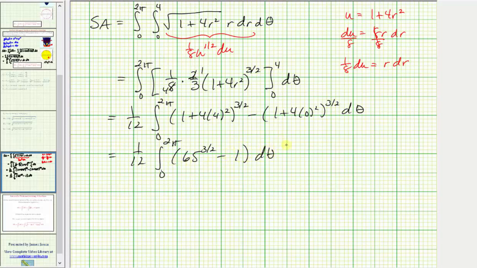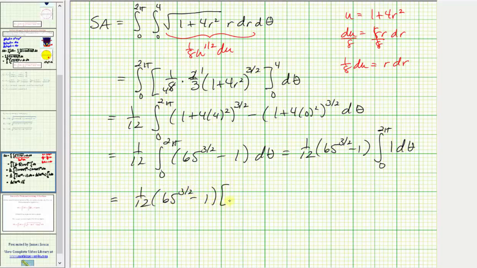This is just a constant, so we can write this as 1/12 times the quantity 65 to the 3 halves minus 1 times the integral from 0 to 2 pi of 1 d theta. So the antiderivative with respect to theta here would just be theta. So we have 1/12 times 65 to the 3 halves minus 1, and we have the antiderivative, which is theta.